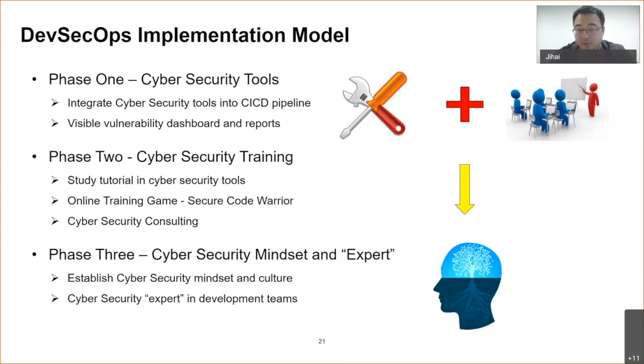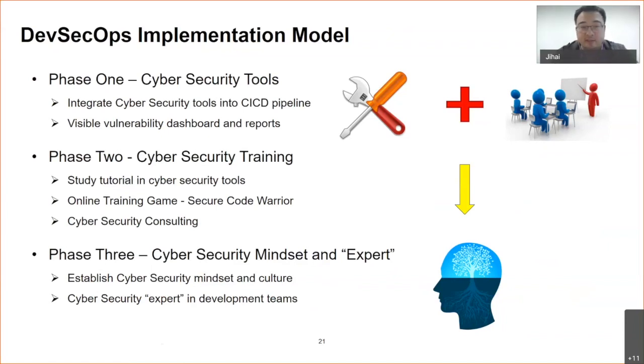So we introduce some tools and integrate them into our CICD pipeline, to automate them. Once automated, the tools will scan the code and the applications, find the vulnerabilities, and finally produce a report or dashboard for developers to see whether there are vulnerabilities.